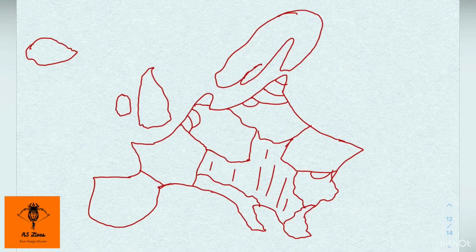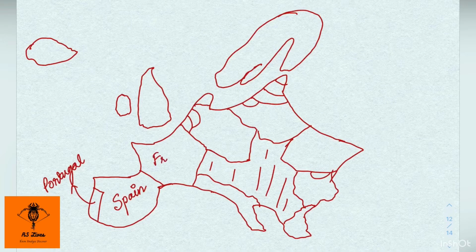Now marking the important countries, we have Spain over here. If you mark this bit of it, this is actually Portugal. Then we have France. Here we have Germany.